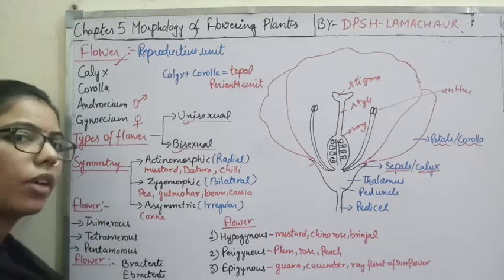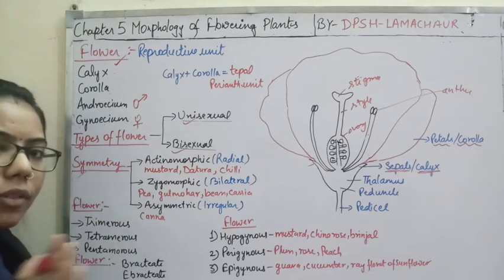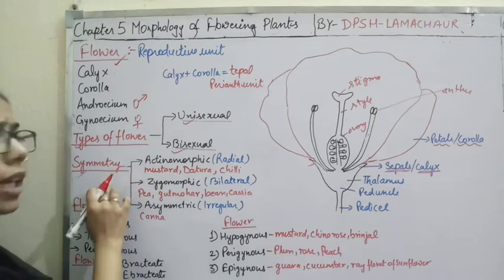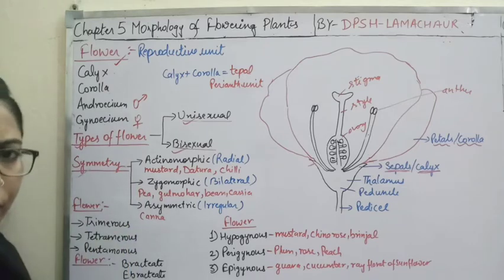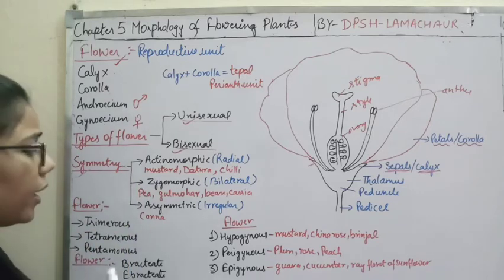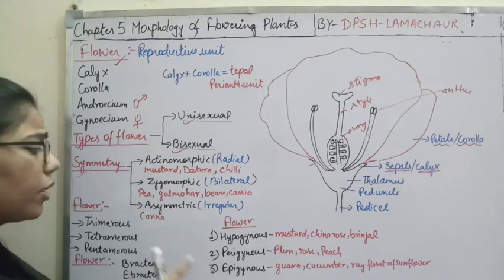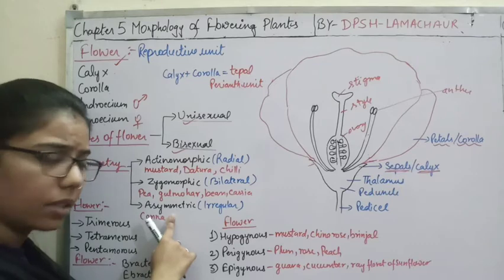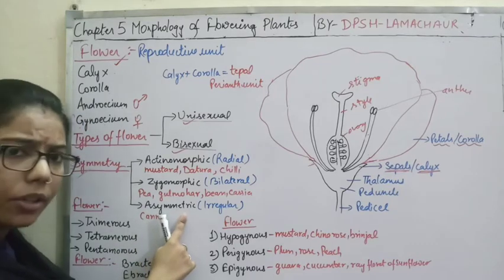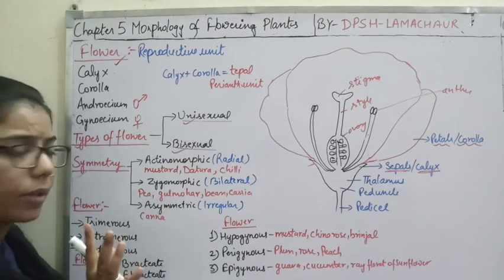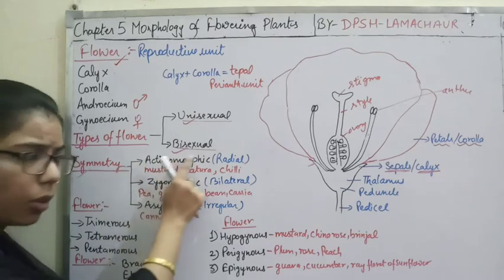Same thing we did in the case of the animal kingdom, where we classified. Symmetry can be of three types. The first one is asymmetric, which means symmetry is not possible in this case. A means absence, and symmetry. And another one is the actinomorphic.